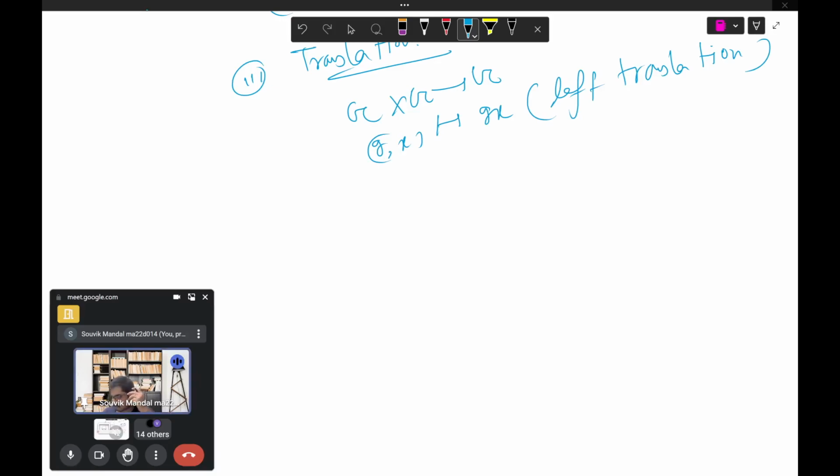Now, you know the theorem that any group of order n can be embedded inside Sn, right? How have you proved this? Which proofs have you seen? You have seen Cayley's theorem, right, which says that any group of order n can be embedded inside Sn.